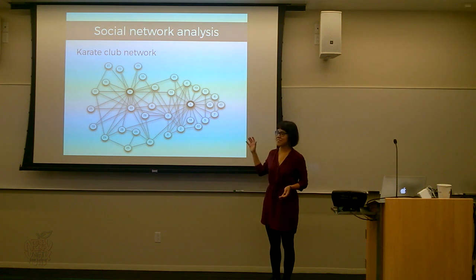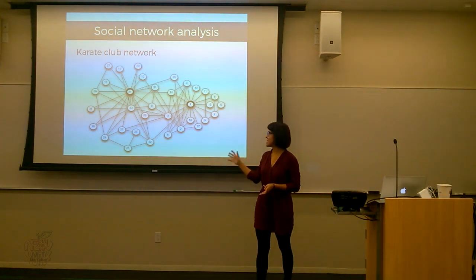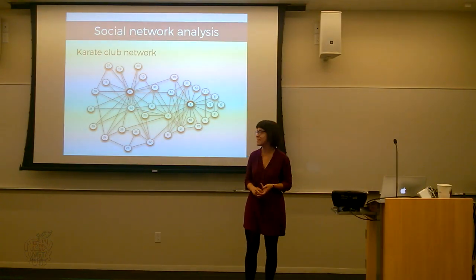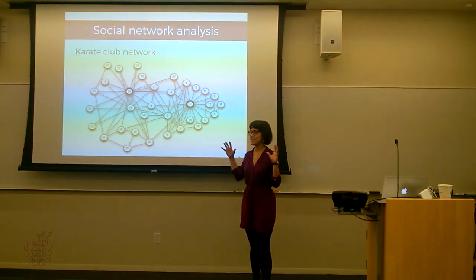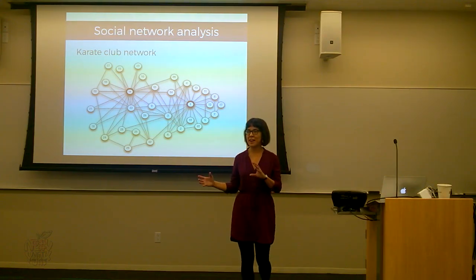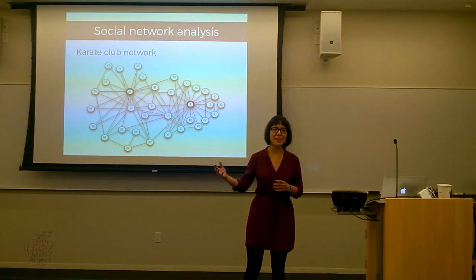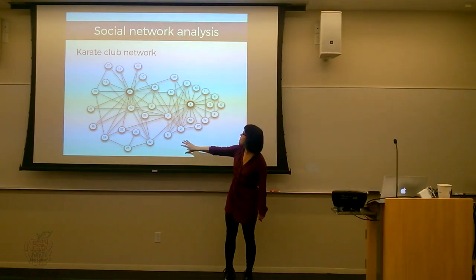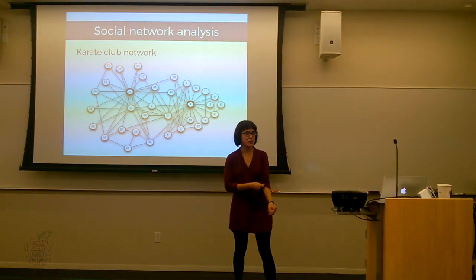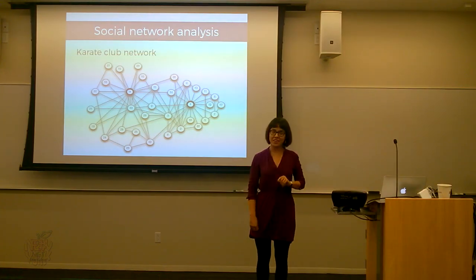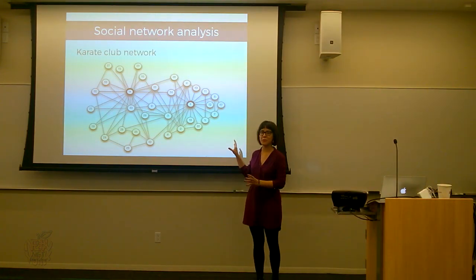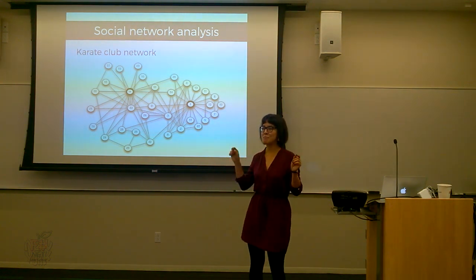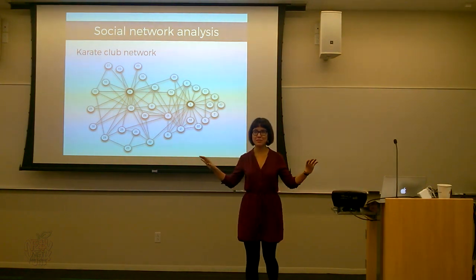This is the Karate Club network. It's from the 70s, when a group of social anthropologists went to study a karate club at some US university. They went around and asked people, who is your friend, who do you speak to most? And this is the network they came up with. After they constructed this network, there was an argument between two people in the club, and the club split into two different clubs.